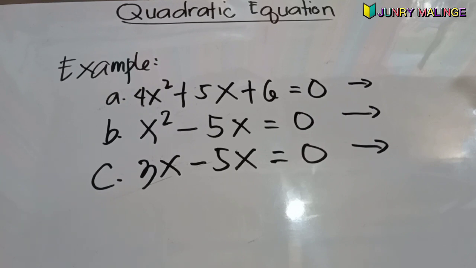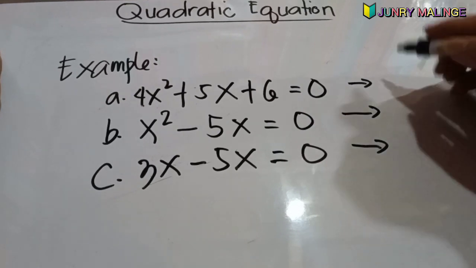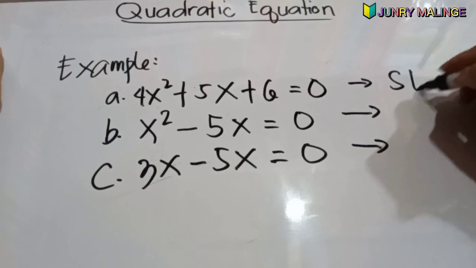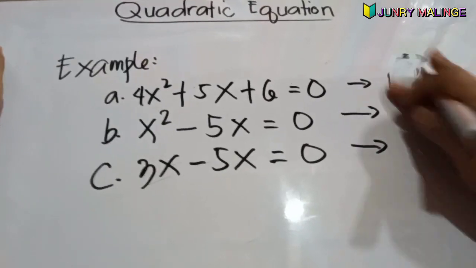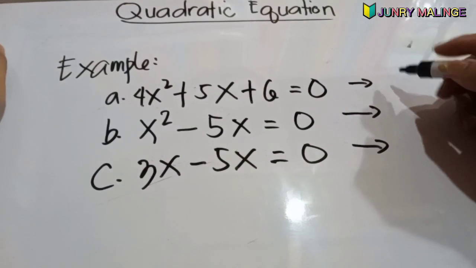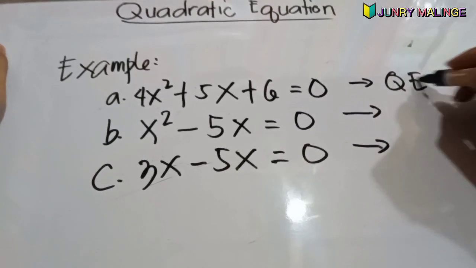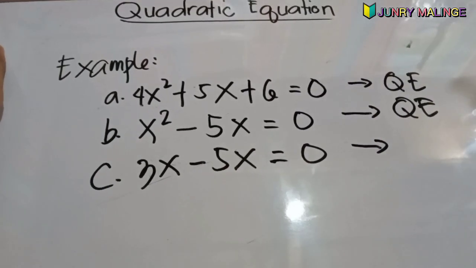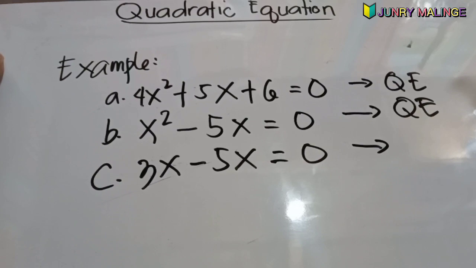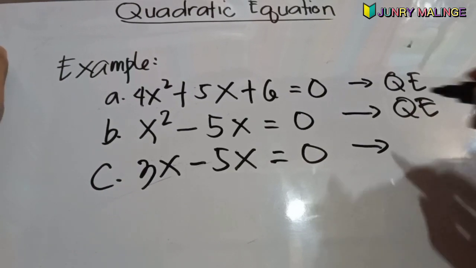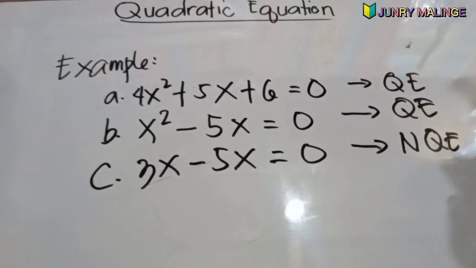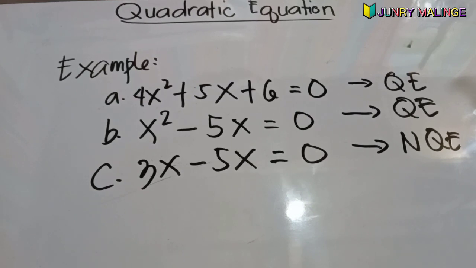Ibig sabihin, ang quadratic equation dito is letter A at saka letter B. How about letter C? Letter C is not a quadratic equation kasi wala po siyang degree of 2. Ayan, nakuha. Okay, let's proceed.